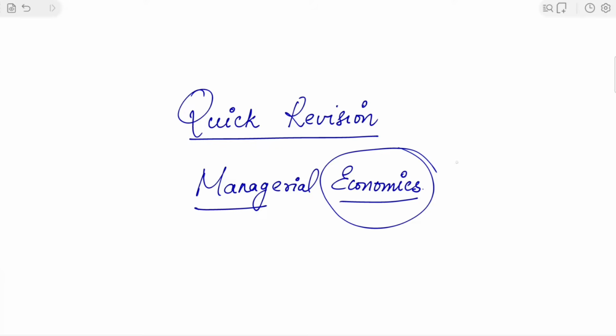Economics has two aspects: microeconomics and macroeconomics. Both of these are not poles apart. Both have similar concepts and similar principles. The only actual difference between micro and macroeconomics lies in where these principles are being used.